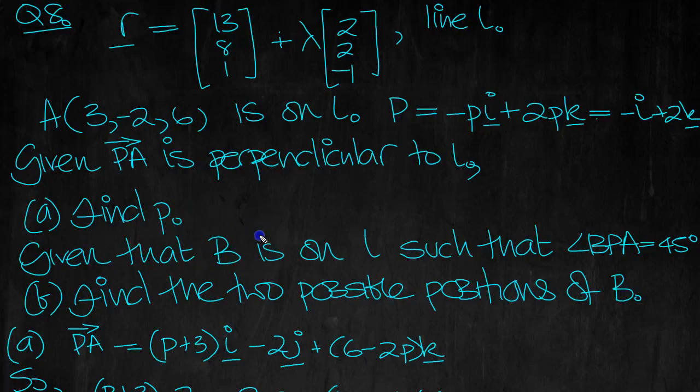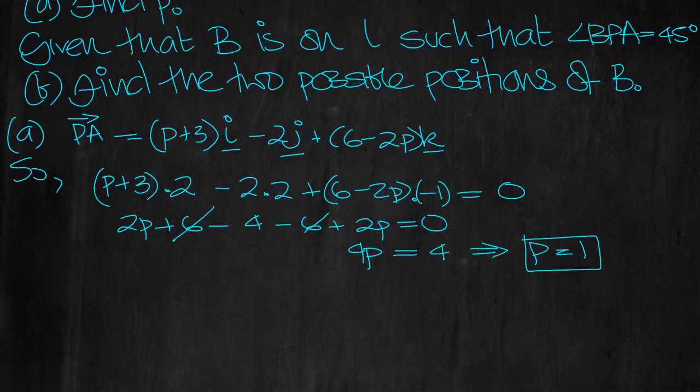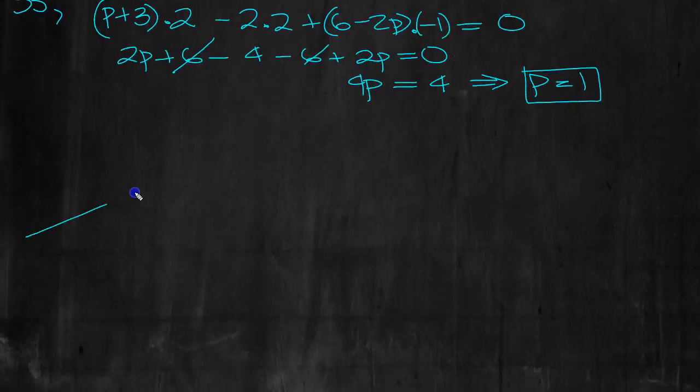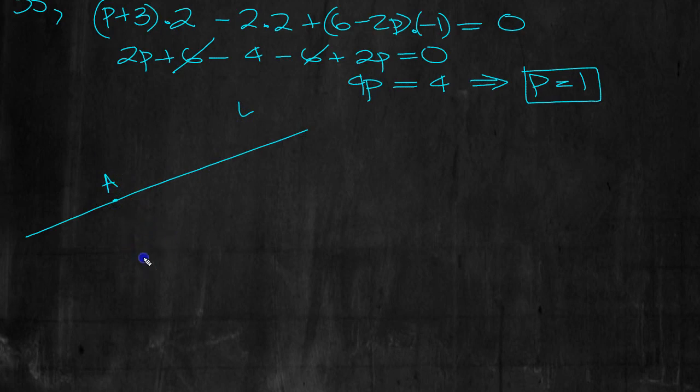Given that B is on L, such that BPA is 45, find the two possible positions of B. Okay, so we've got our line L. There's the vector A. Here's P, which is perpendicular. PA is perpendicular, wasn't it?